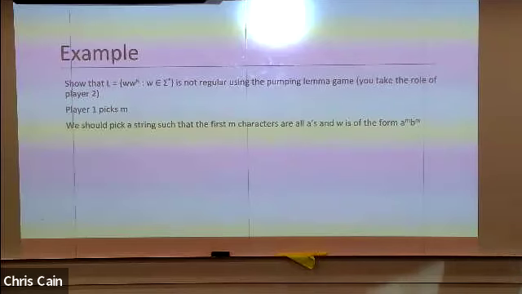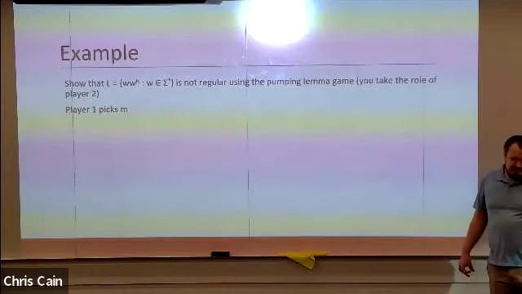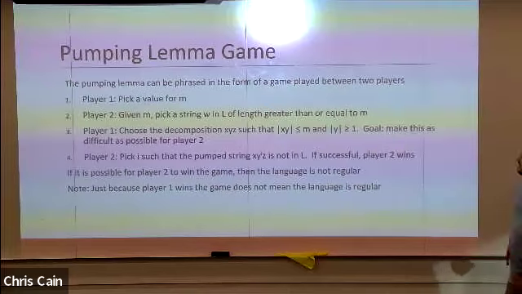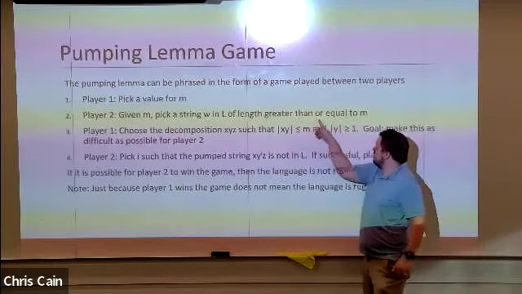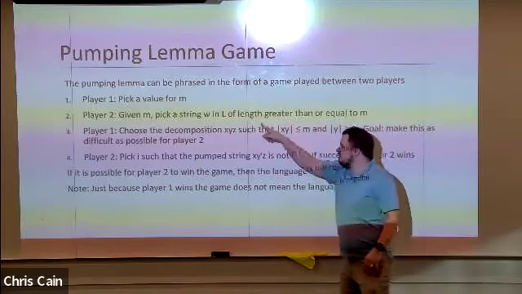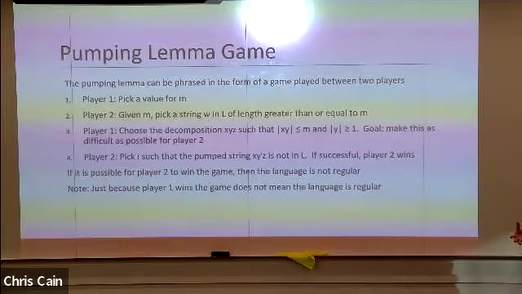Player two is going to pick a string such that there needs to be length greater than or equal to M in that string, but we have full power as player two over exactly what that string looks like.